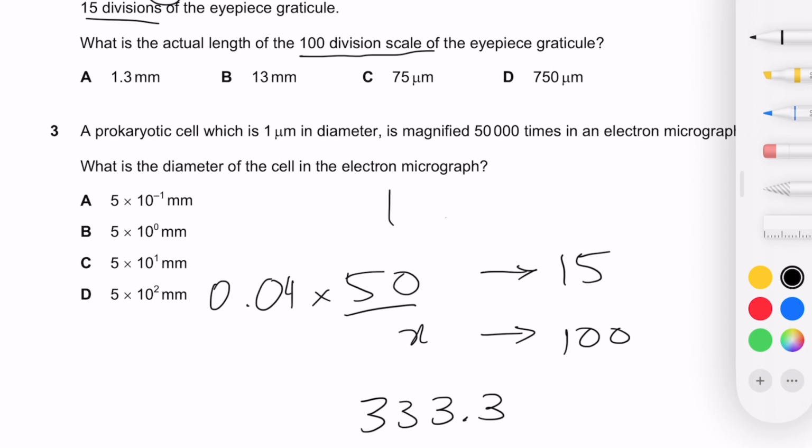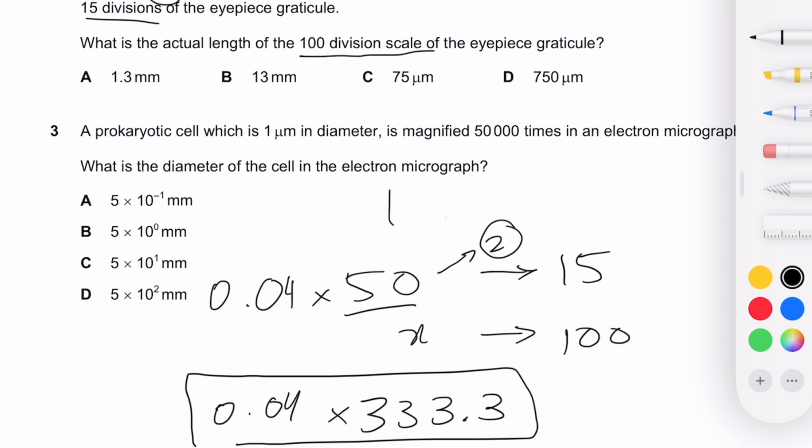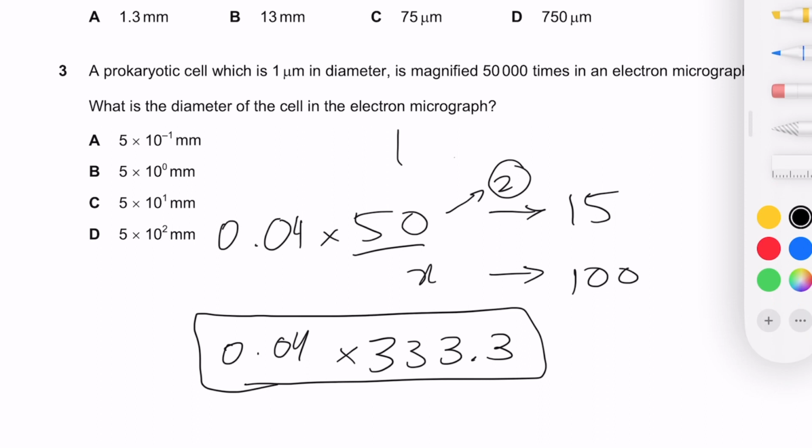Basically 0.04 times 50 will be a length of 2. That's the total length of the 50 divisions. This length will also be multiplied by 0.04, and that should be the length of the eyepiece graticule, which happens to equal 13.3 millimeters. In other words, 13 millimeters, which is B.